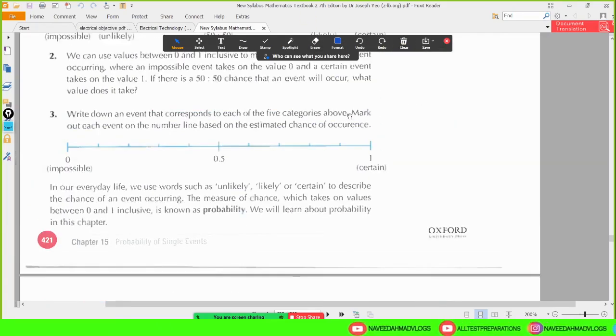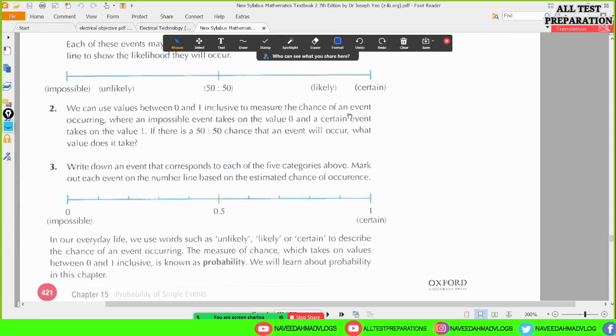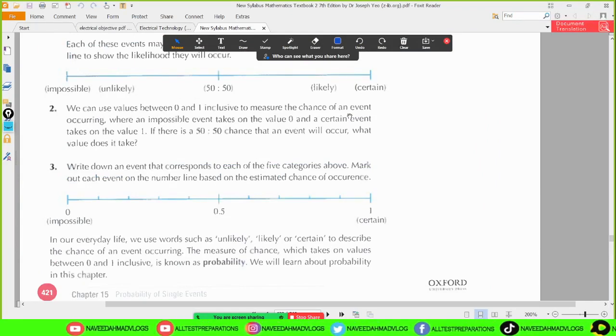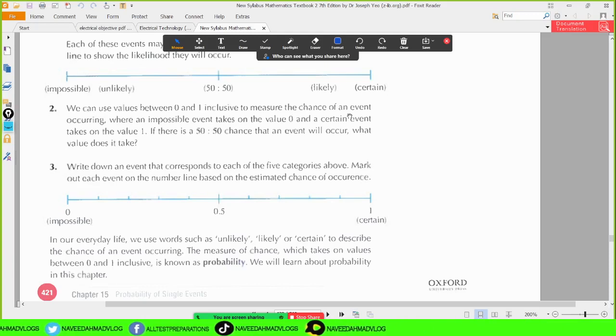Okay, in probability we have two conditions: either nothing, or that will be certain to you, like 100% clear to you. So that is certain, so the probability will be 100%, or you can write in percentage, that will be 100%.